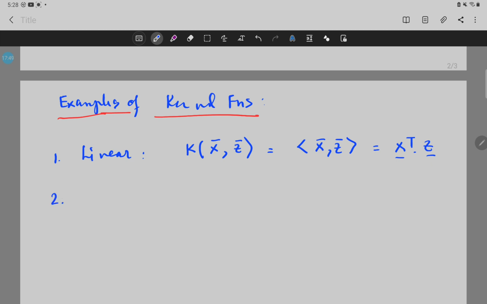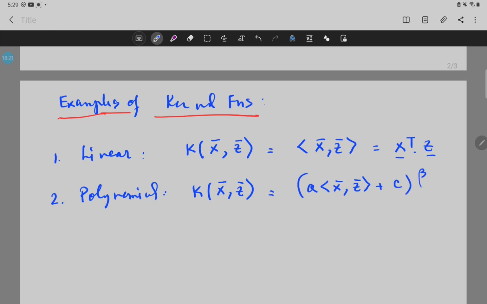Then if you look at polynomial, we don't use polynomial very often, and we'll show you why. For the polynomial kernel function, you have some variable a times the inner product of x and z plus another variable, and then raised to the power, say b or beta.